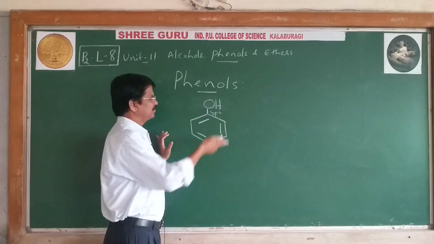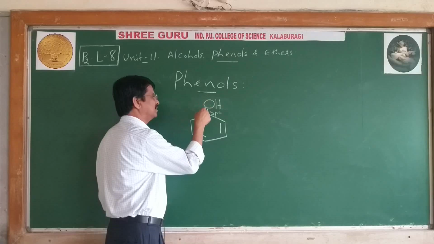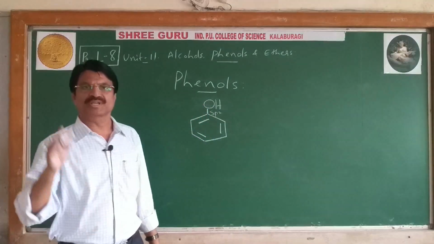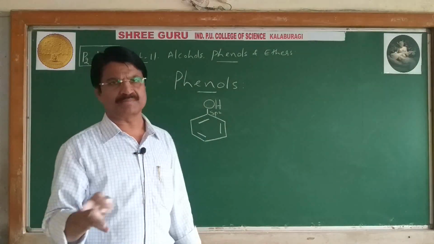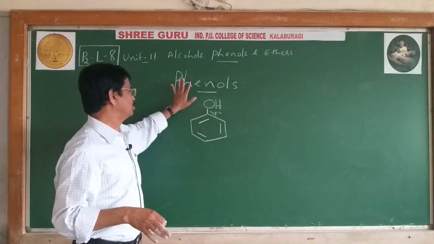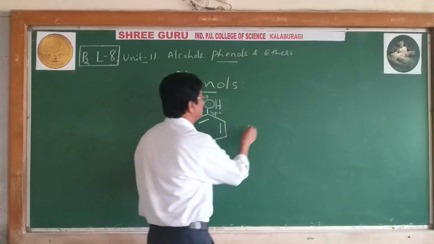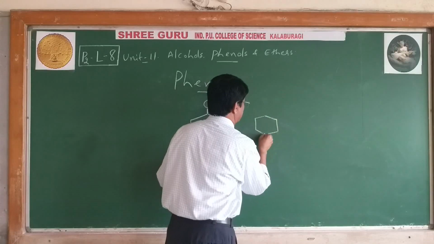The OH group is directly linked with a carbon atom of the aromatic ring or benzene ring, and such molecules are said to be phenols. Then the uses of phenol.